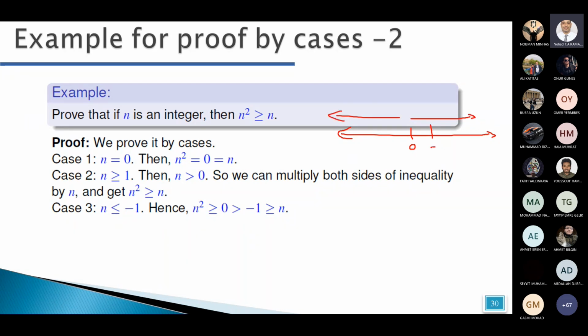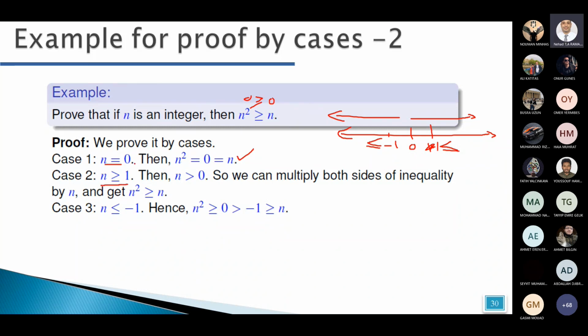So we have here the positive, more than or equal 1, and any negative number, meaning any number less than or equal minus 1. First case, 0, it's direct. Here it's 0 and here 0, so it's less than or equal.